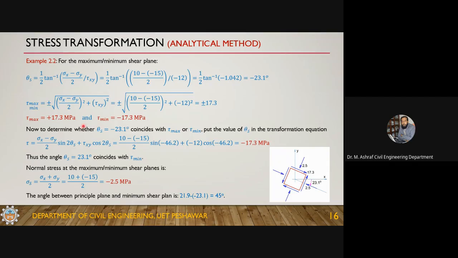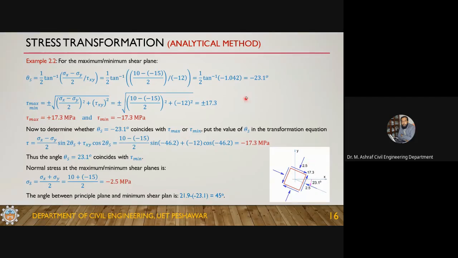Now once again, this angle minus 23.1 is associated with this one, or it is associated with this one. So you will have to put the value in the transformation equation. This is the transformation equation, and this is the transformation equation. So just plug in the value, and you get that it is coinciding with the minimum shear.